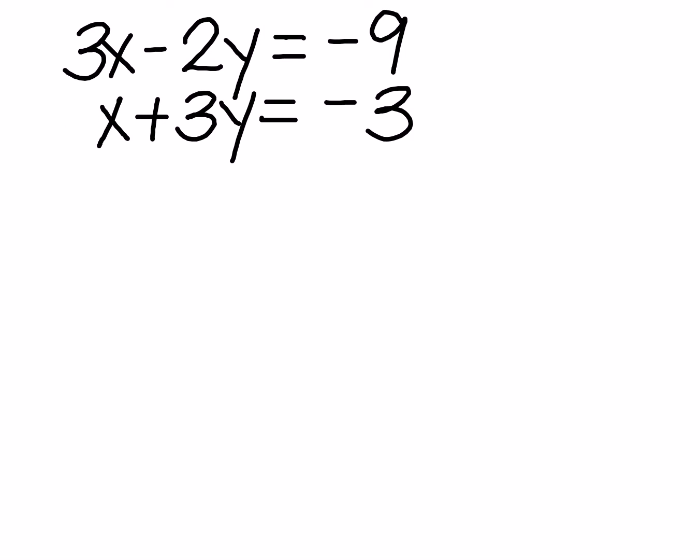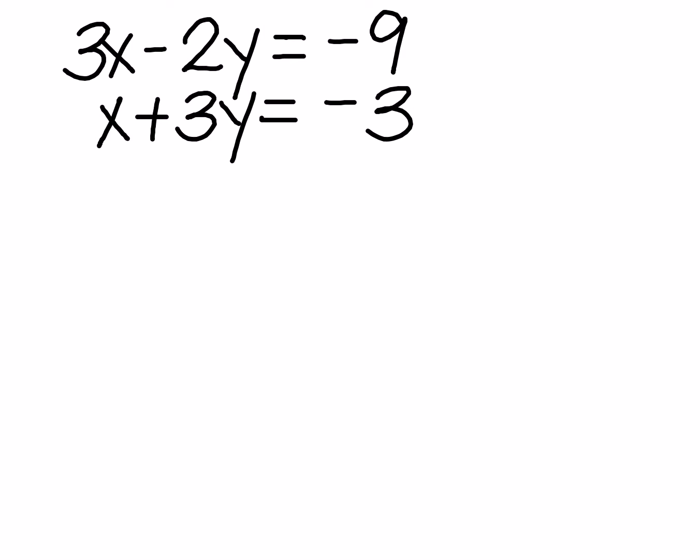If I look at this problem, I know 3 minus 3 will give me 0. So 3x minus 3x will give me 0. Right here, it's a little different. I can multiply the first equation by 3 and the second equation by 2.